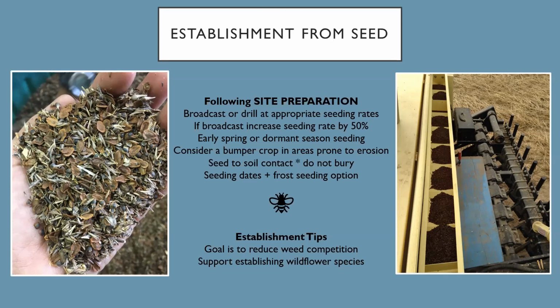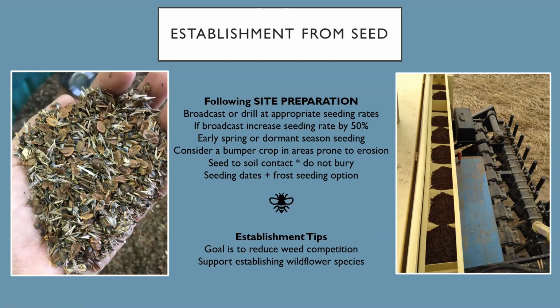The most important is seed to soil contact. The True Axe drill is getting those seeds 1/4 to 1/2 inch inside the soil. And then with broadcasting, when we're getting it in early, we're allowing the seed to work itself into the soil. It's important not to bury the seed. They really only need 1/4 to 1/2 inch.